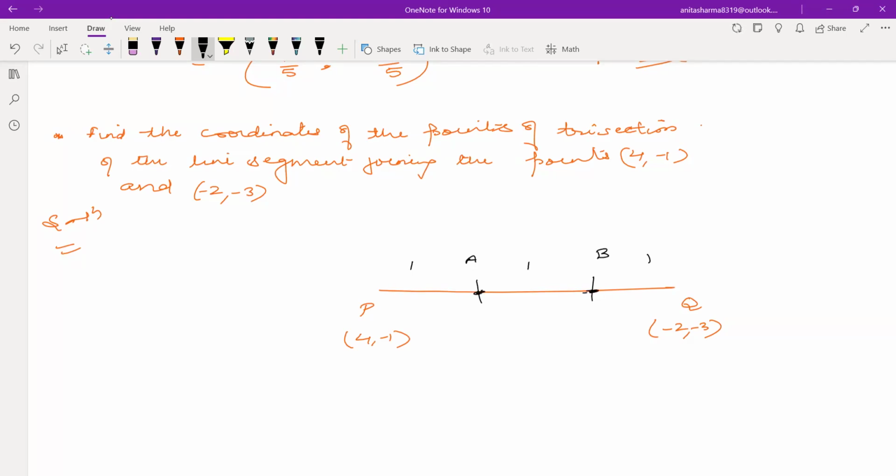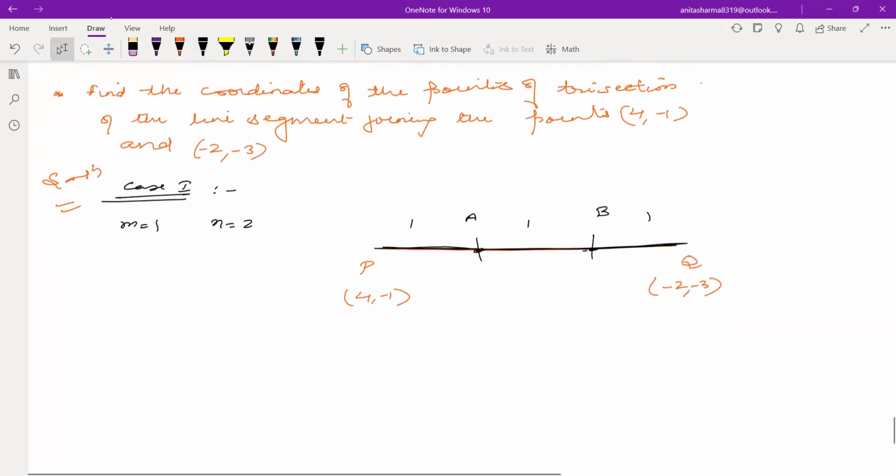So how will you find? You will write case 1. For case 1, when you are finding the coordinate of A, the value of m will be 1 and the value of n will be 1 plus 1, 2. Clear, beta? Yes, ma'am. Understood what I'm saying?